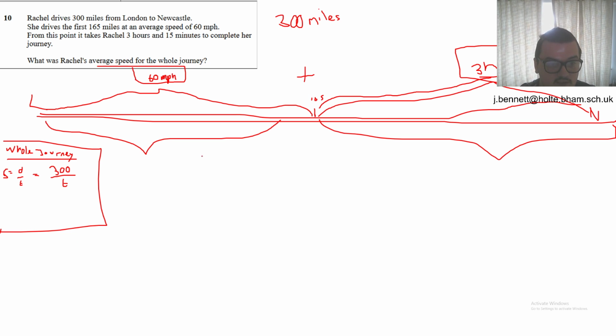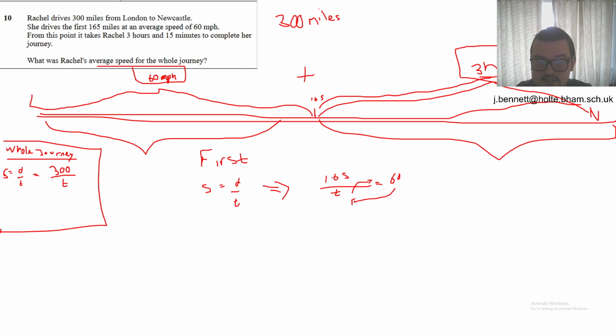So let's look at the first portion of the journey. So speed equals distance over time. The distance is 165. The time, we don't know. The speed is 60. So what we can do, we can just swap this 60 and this t to work out the time.